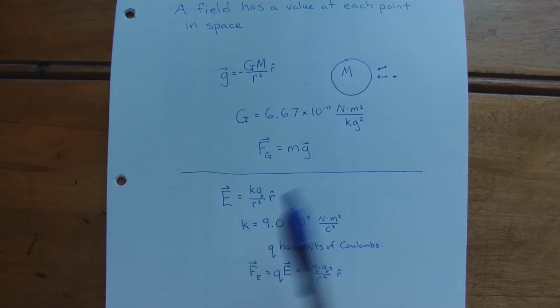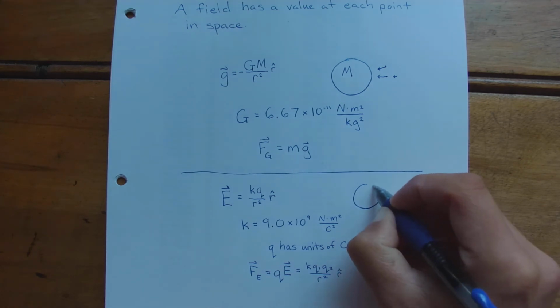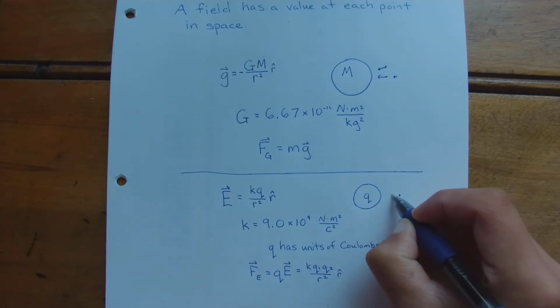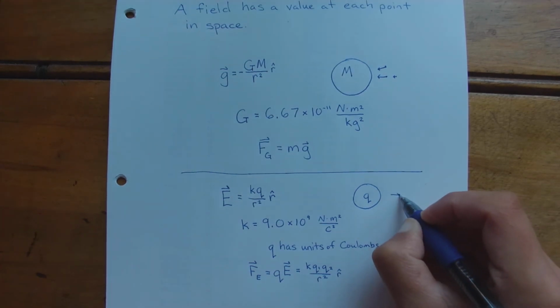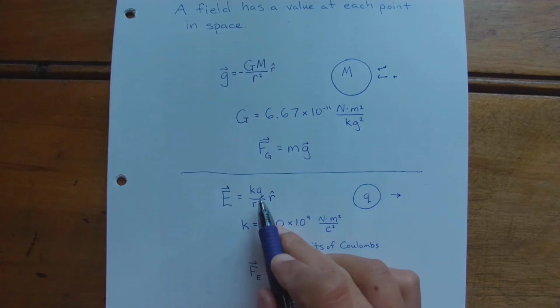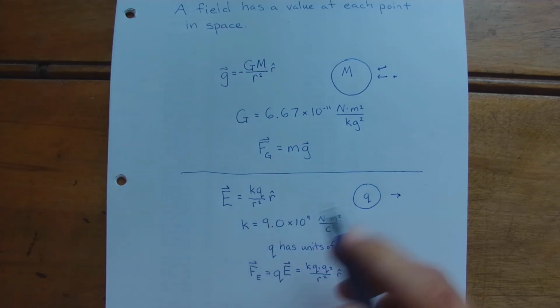If you have just one charge here, like we did with the Earth here, if you have just one charge creating your electric field, that electric field exists at all points in space, could either be pointing outward or pointing inward, depending on the sign. If Q is positive, then the direction would be in the positive radial direction, so pointing away.